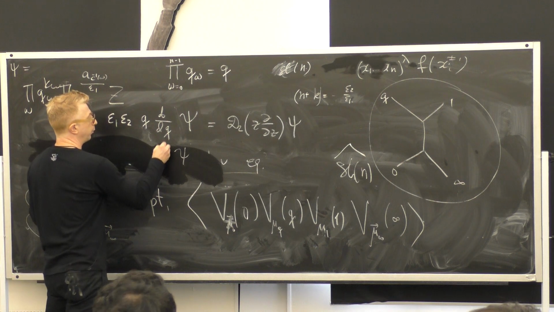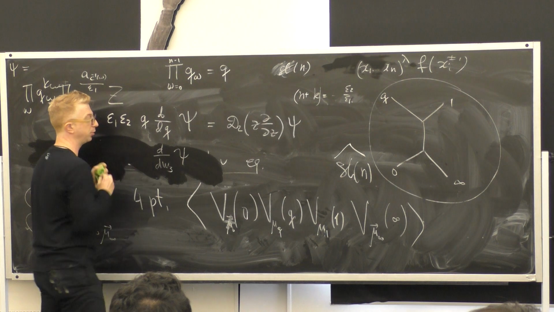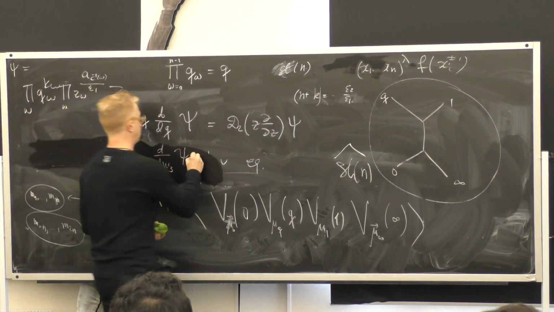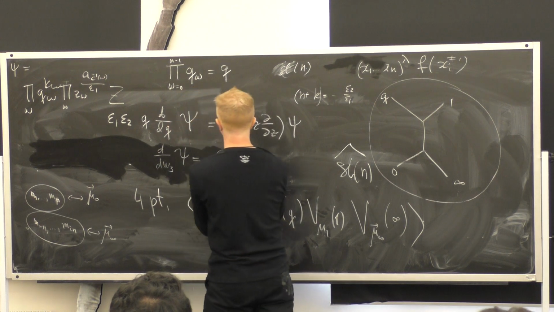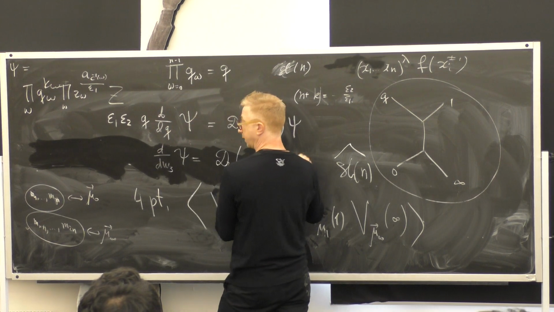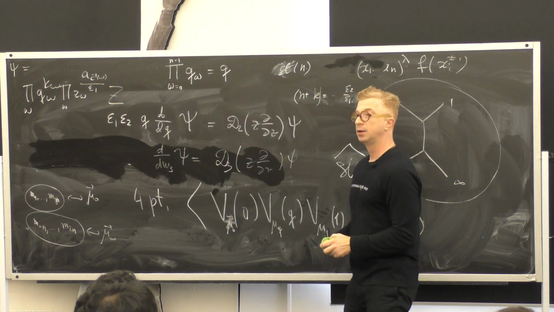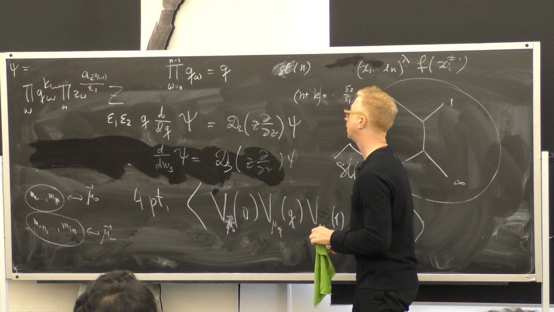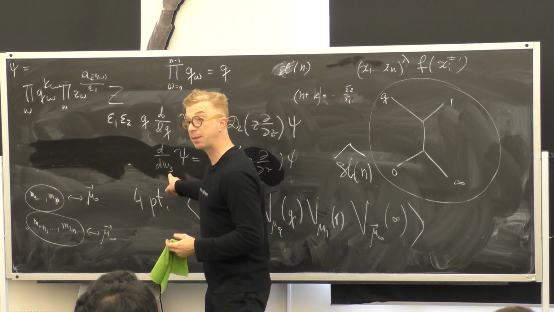Then the equation which would follow from U2 hat would be something like a derivative with respect to the W3 parameter is equal to a third-order differential operator applied to psi.